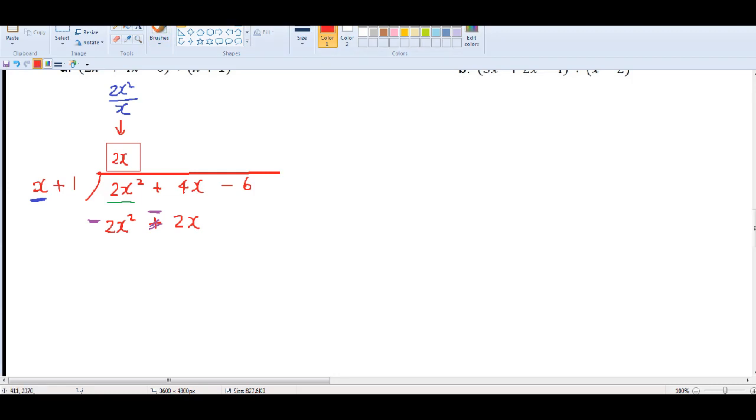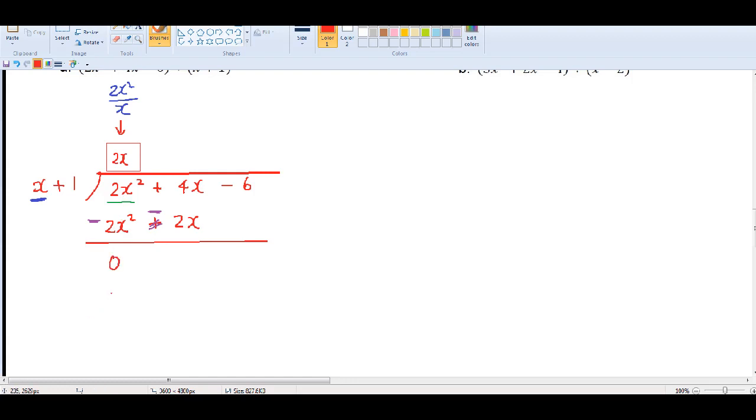Then we just add them. Because you take the negative of all the terms in the new line and then add them, it's just like you take away. So we use the first line to add the second line, the one whose signs you changed. 2x squared plus minus 2x squared becomes 0.